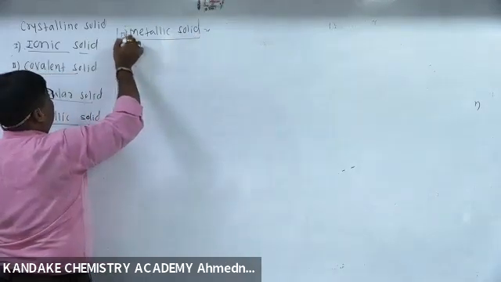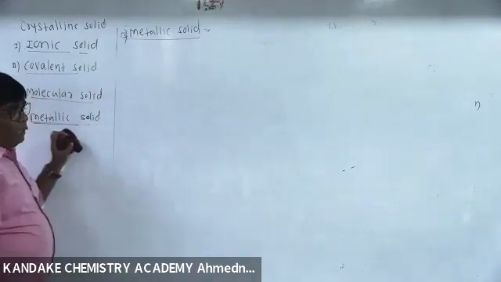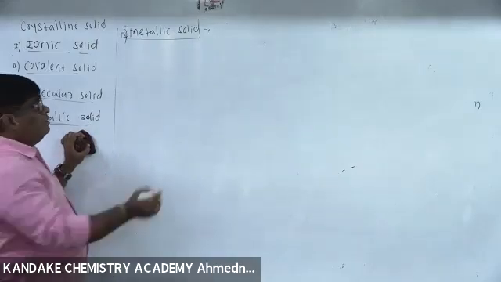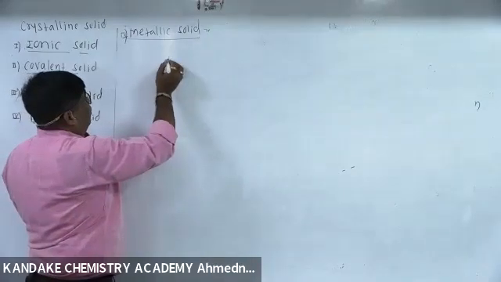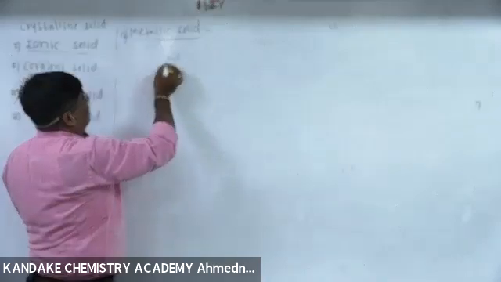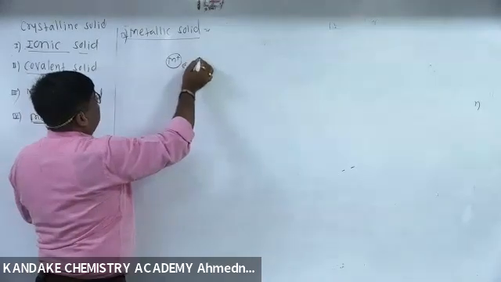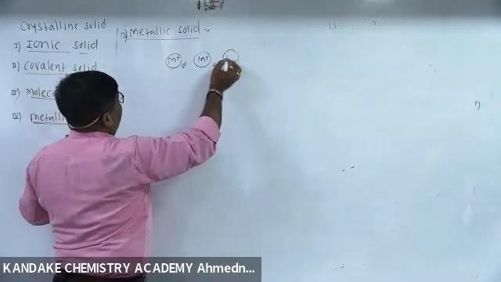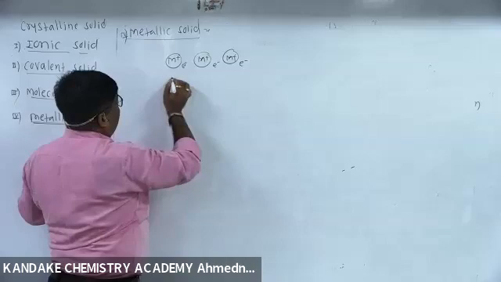Here constituent particles are positively charged metal ions, and a large number of electrons are delocalized over this metallic solid. Means metallic solid consists of positively charged metal ions. This is M plus, it is electron, then it is M plus, positively charged metal ions.